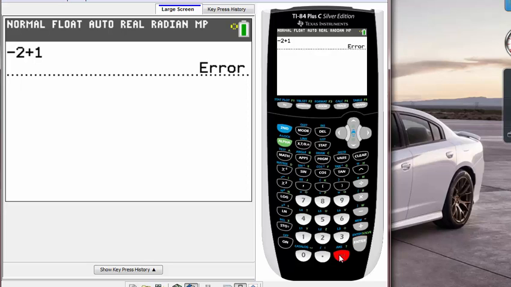Okay, so let's click that and then hit 2 plus 1, and of course notice this negative sign is actually a little bit shorter than the subtraction sign, so you can distinguish the difference between those two. So now -2 plus 1 should give us -1 without an error, because that is a negative sign. In the previous, it was a subtraction sign. So that's how you use the negative sign in the calculator.